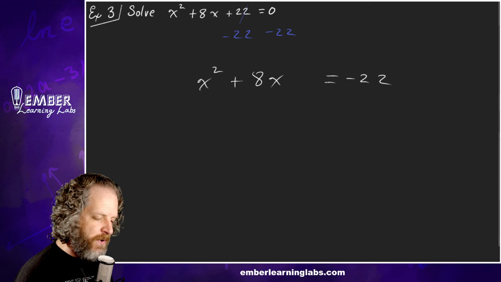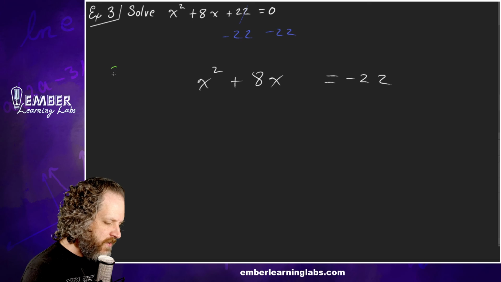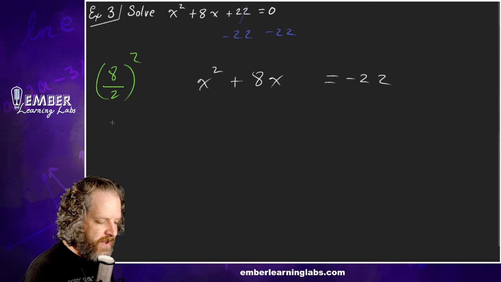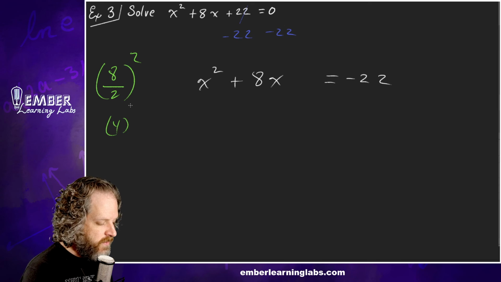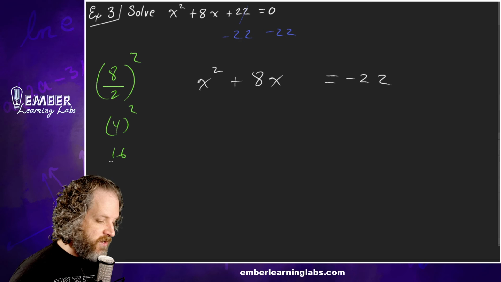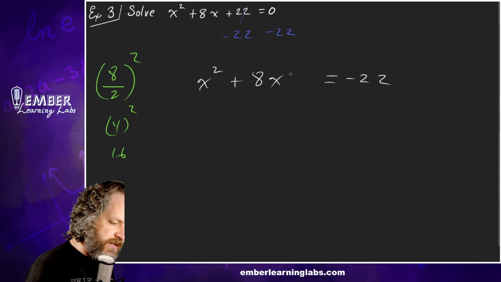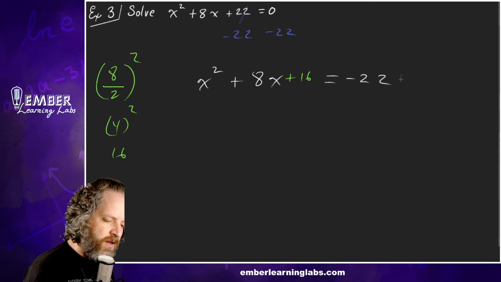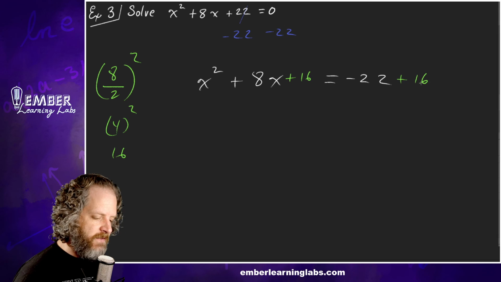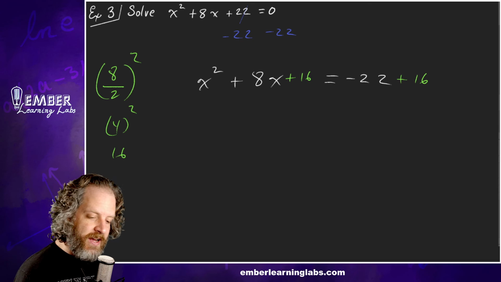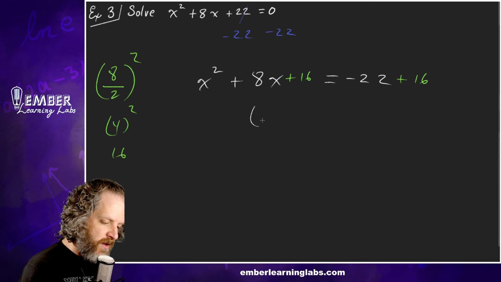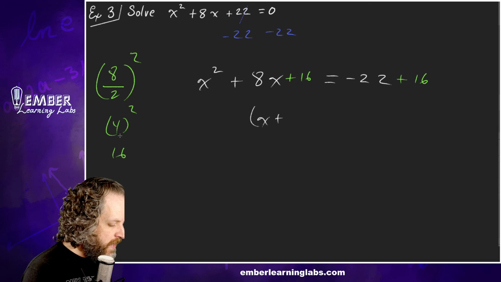We got to find the green part. So b divided by 2. So 8 divided by 2 squared. 8 divided by 2 is 4. Squared is 16. So we have to add 16 to both sides. So plus 16 plus 16. All right, so the left side is going to factor into x plus the b divided by 2.